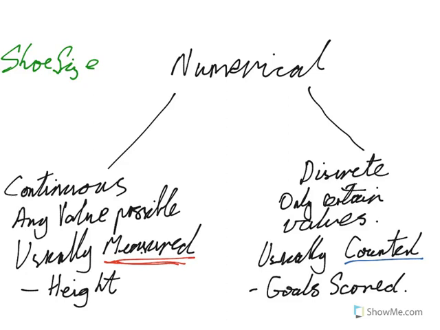But remember, shoe size comes in like 5, 5.5, 6, and so on. Or if you use European sizes, same sort of thing. So even though we talk about being measured, it's actually discrete because there's only certain values and they're halves. So that's why I put the word usually in front of those two things.